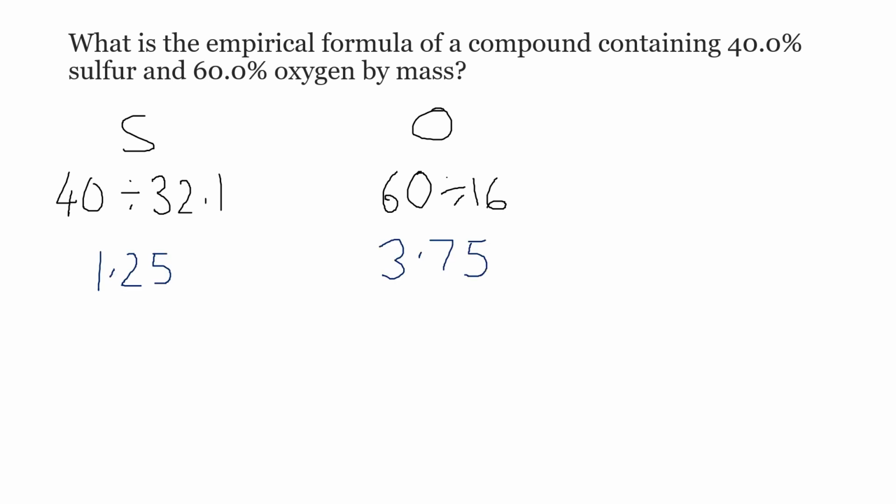So when you put both of those into your calculator, you come up with 1.25 to 3.75. Divide them both by the smallest, and you'd end up with a ratio of 1 to 3. So therefore your empirical formula must be SO3. 1 sulfur for every 3 oxygens.